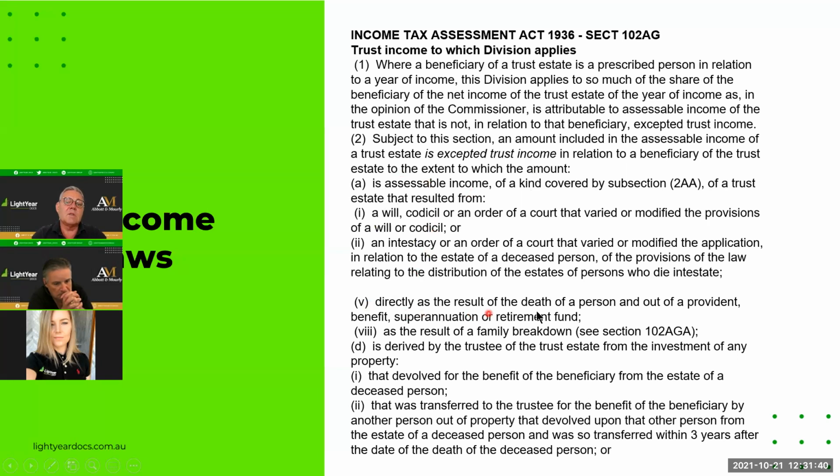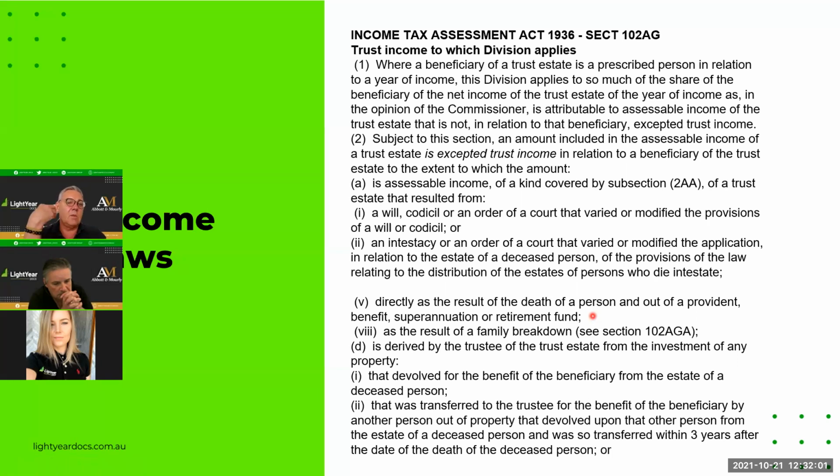5, directly as a result of the death of a person and out of a provident benefit or superannuation retirement fund. So when you have a look at here, one talks about a trust that comes out of a will. Another one is a trust that's built as a result of the death of the person and out of a provident, superannuation or retirement fund.